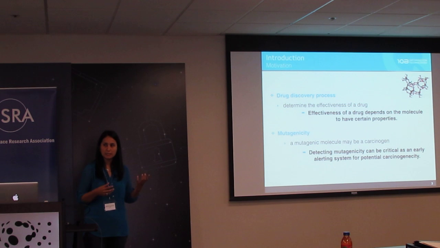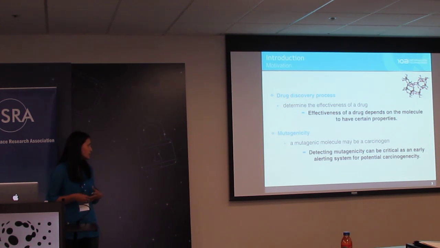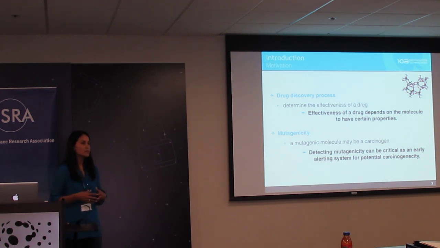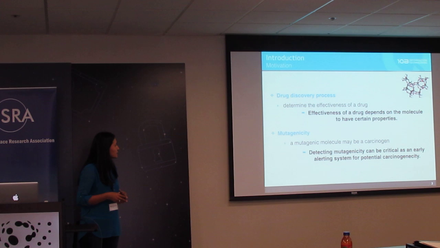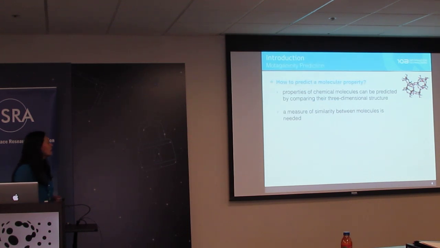So people normally do experiments, but with time they became very expensive to do. So now they are looking at virtual screening. So they are collecting a big amount of data so they can predict this property just by simulations. So how do we do that?